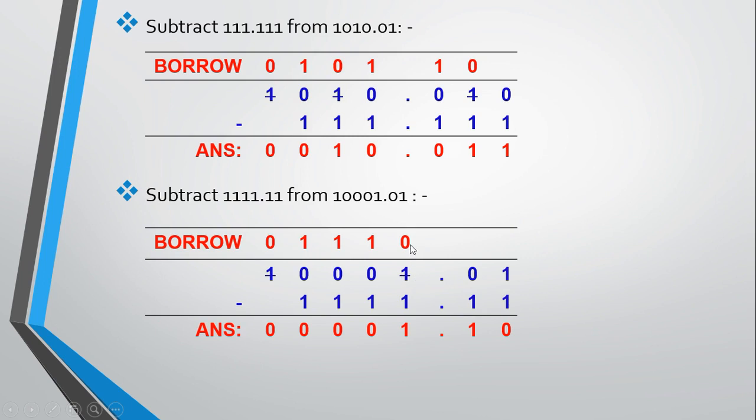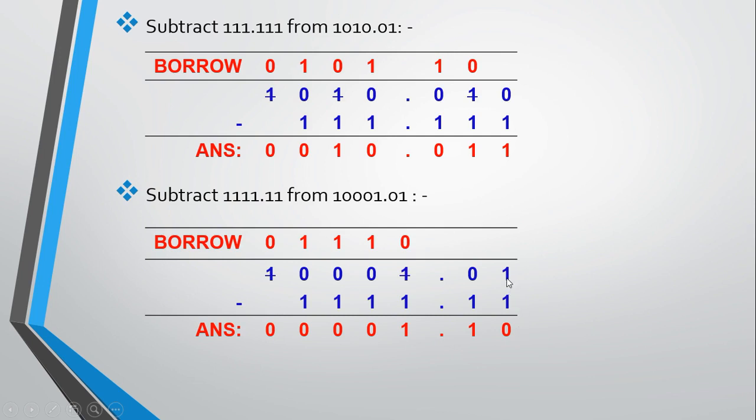This becomes 0. So 0 minus 1 will return 1, and you need to borrow value from the 1. You need to give 1 to all the zeros which come in between these two. Now 1 minus 1 will return 0. 1 minus 1 will return 0. 1 minus 1 will return 0, and over here it is 0. So the answer of this particular sum is 1.10.